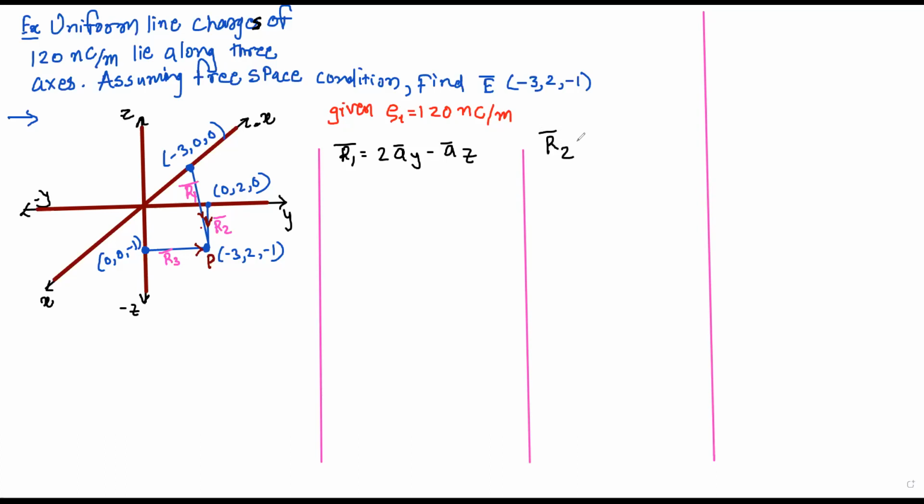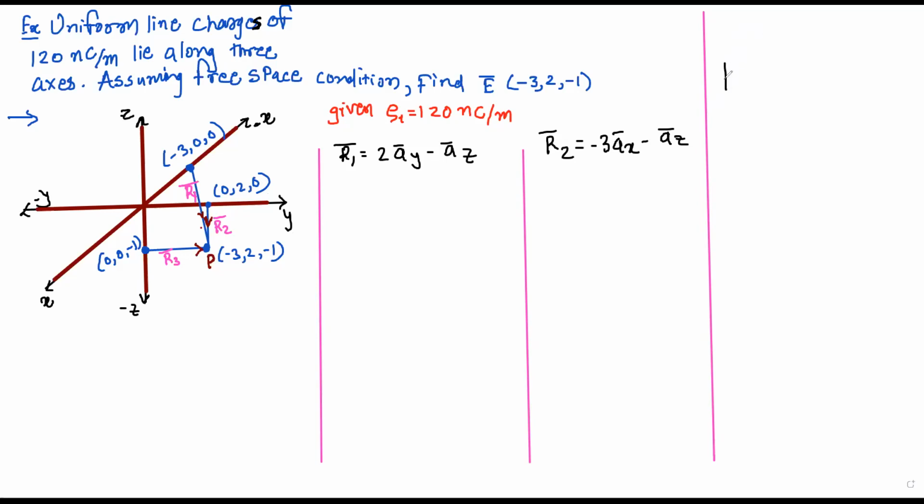R2 bar is the vector coming from the y axis. Value of R2 is -3 a bar x minus a bar z. Correct.